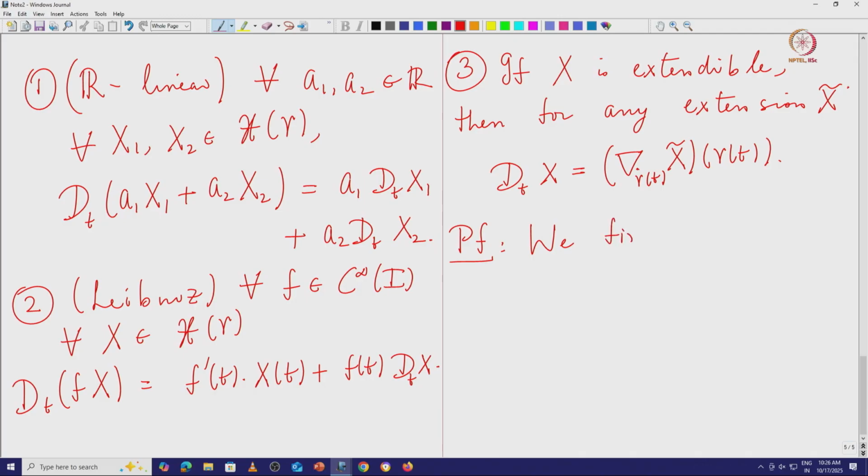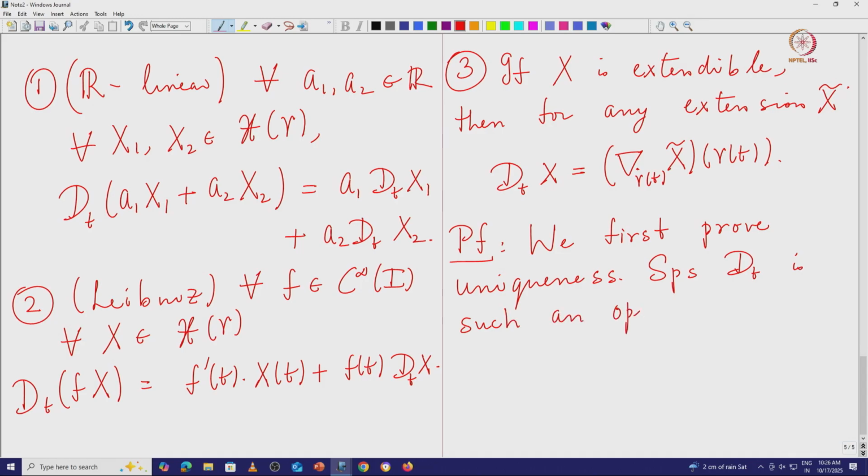So we first prove uniqueness. So suppose Dt is such an operator, and let t naught be a point in the interval.